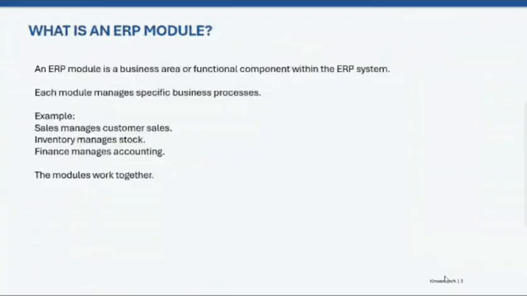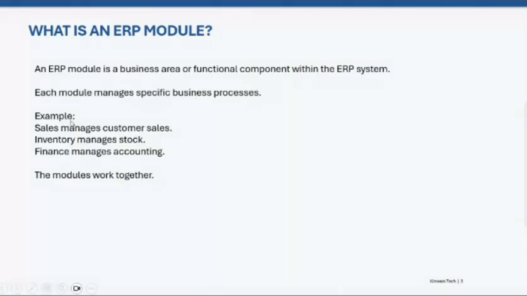Before we go into the modules, you first need to understand what is an ERP module. An ERP module is a business area or a functional component within the ERP system. In simple words, it is their functionality in an ERP system. Each module manages specific business processes.